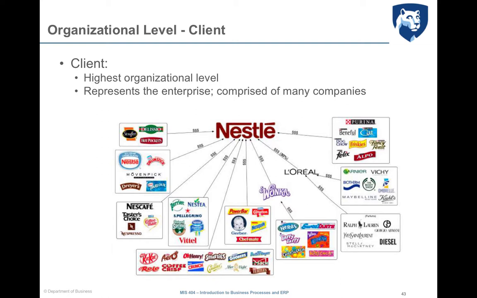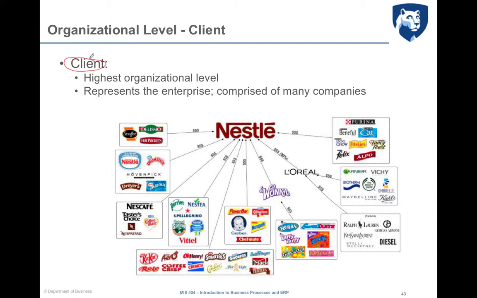Let's start with the client. The client is the highest organizational level in SAP ERP because it represents an enterprise consisting of many companies or subsidiaries. So the client groups all the subsidiaries that are related to one company.